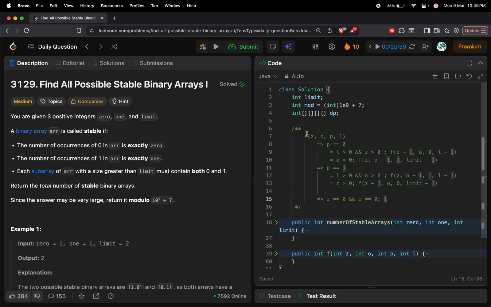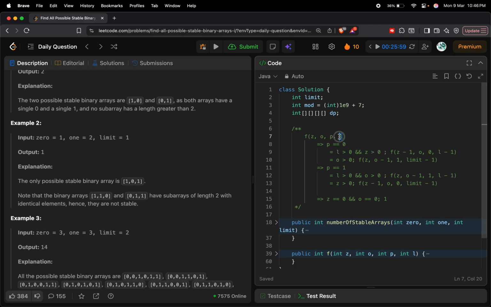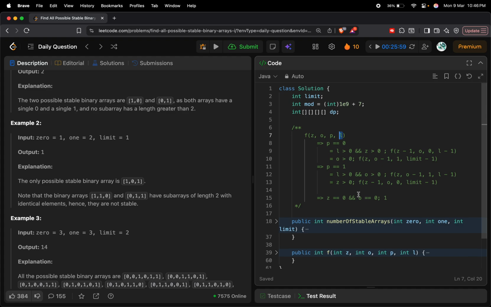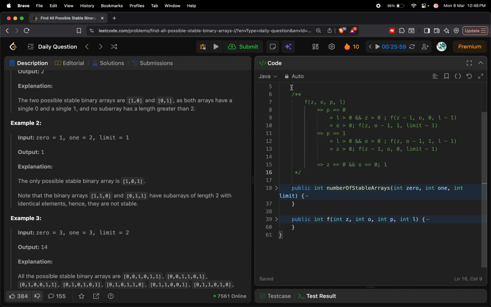Here z is the number of zeros I have at the given point of time, the next is how many ones I have at the given point of time, then what was the previous value which I have placed, and what was the limit I have. So as you know, we have written our recursion state. This is our recursive state.